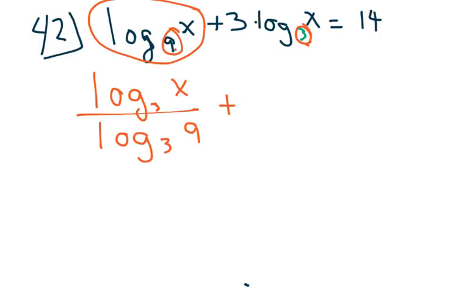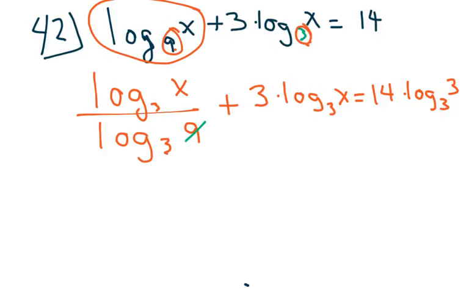Now I'm going to write this as 3 times log base 3 of x, and I'm going to write this as log base 3 of 3. So now my bases are the same. I'm going to take care of this 9 and write it as 3 squared.